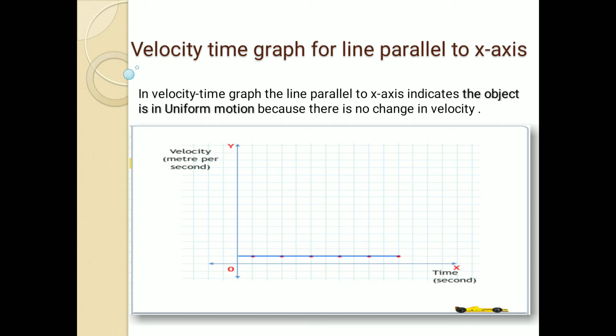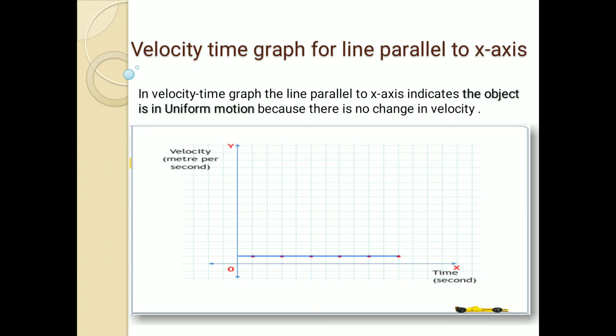Is it clear? So a straight line is uniform acceleration in a velocity time graph, a curved line is non-uniform acceleration, and the line parallel to the x-axis means the object is in uniform motion.